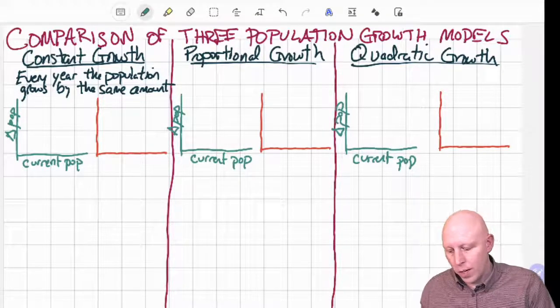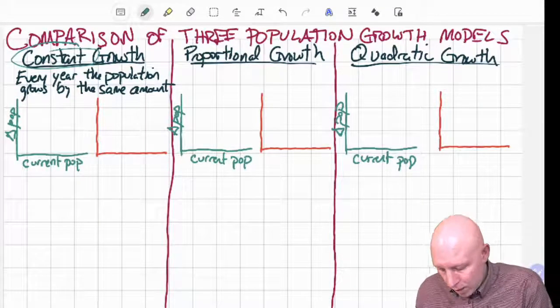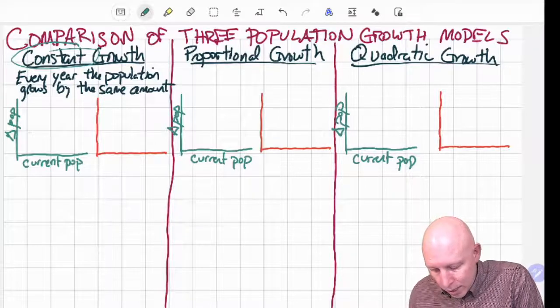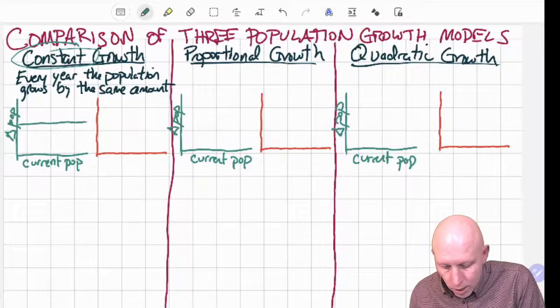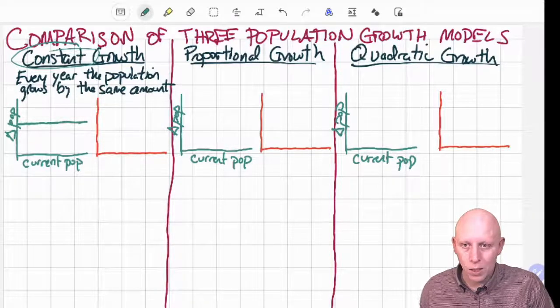All right, so when we talk about constant growth, what that means is that the change in population is a constant function, or it doesn't depend on what the current population is.